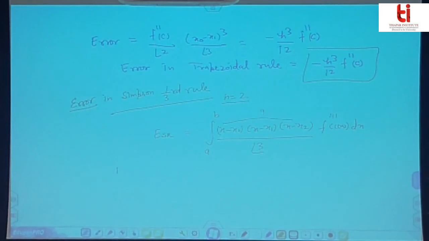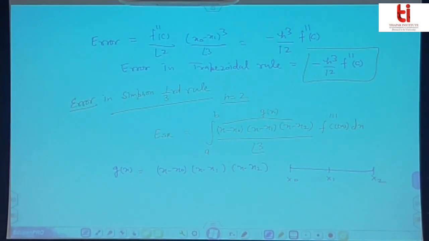Let us suppose this is gx, that is (x minus x0)(x minus x1)(x minus x2). Here x0 is this point, x1 is this point and x2 is this point, with x1 the midpoint.